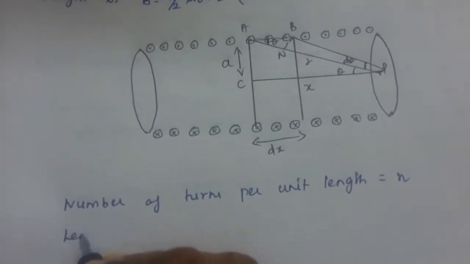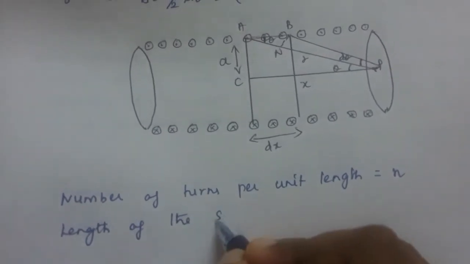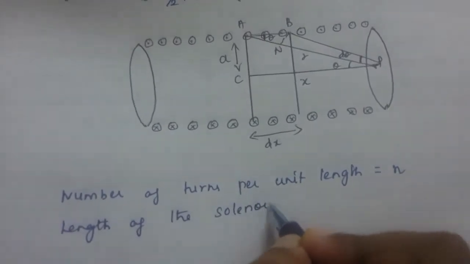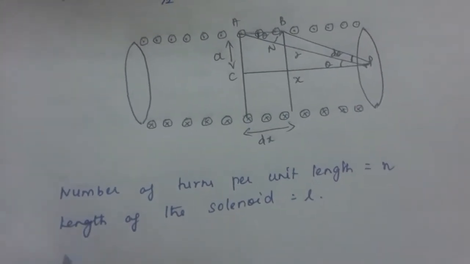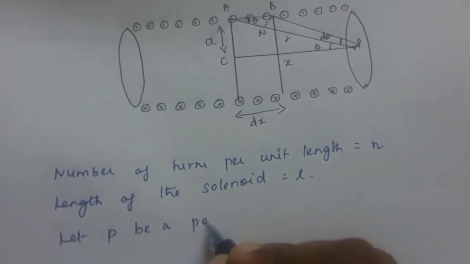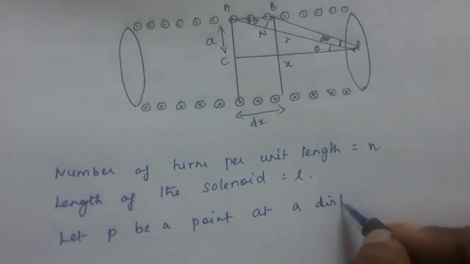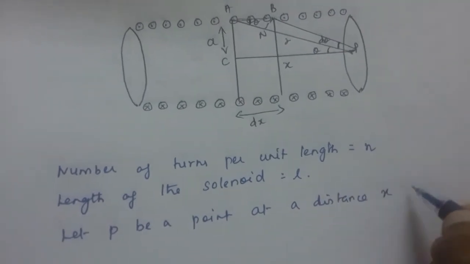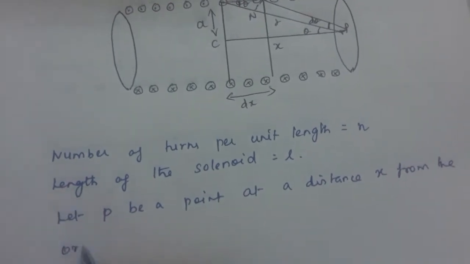The length of the solenoid we are going to take as small l. Now let P be a point at a distance x from the origin of the solenoid.